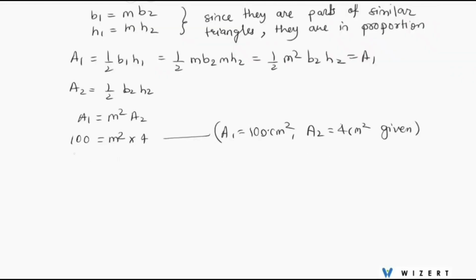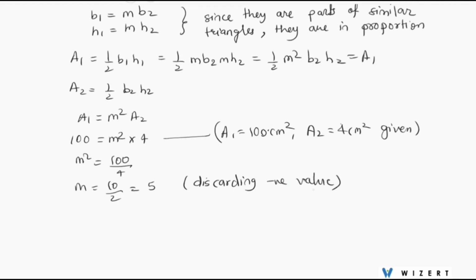Therefore, we have m square equal to 100 by 4. Therefore, m equal to 10 by 2, which is equal to 5. This we get by discarding negative value. So we get m equal to 5.